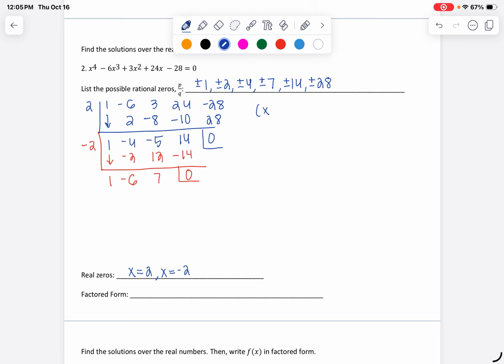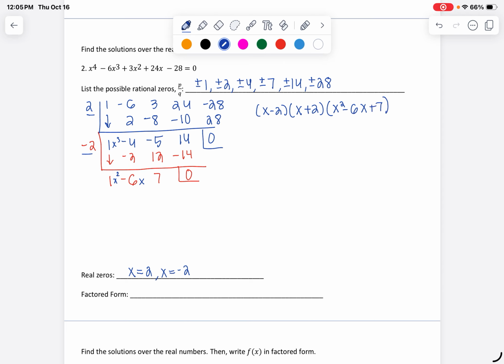So I have x minus 2 from my first 0, x plus 2 from my second 0, and then my third factor right now is, remember, it started off as a 4th power. And then I got it down to a cubic, and now this is a quadratic. So this is x squared minus 6x plus 7.